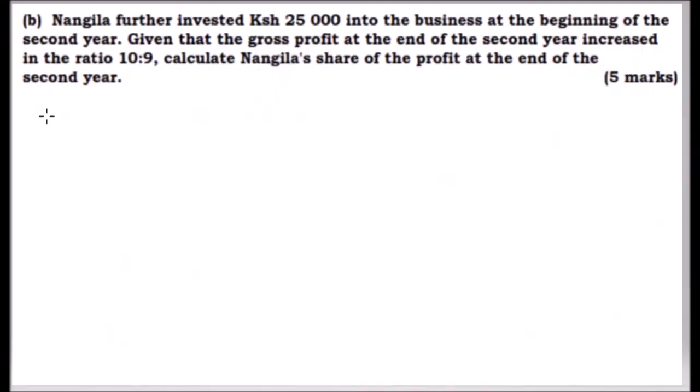Part B of this question, we are told Nagira invested 25,000 Kenyan shillings into the business at the beginning of the second year. Given that the gross profit at the end of the second year increased in the ratio 10:9, calculate Nagira's share of the profit at the end of the second year. So you say, since Nagira had contributed 85,000, he added 25,000. So the new investment for Nagira is 110,000.